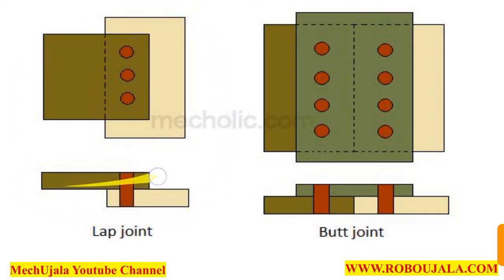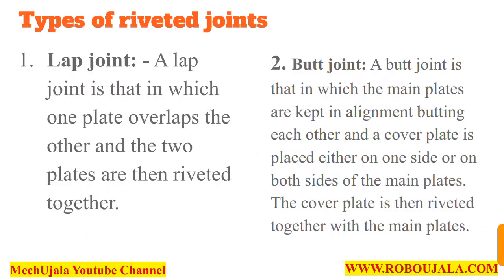As you can see here, these two plates are joined by this riveted joint, and we are calling it a lap joint. But in a butt joint, the main plates are kept in alignment, butting each other, and a cover plate is placed either on one side or on the other side of the main plates.